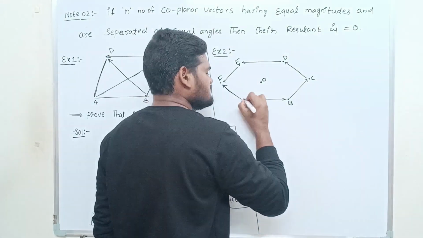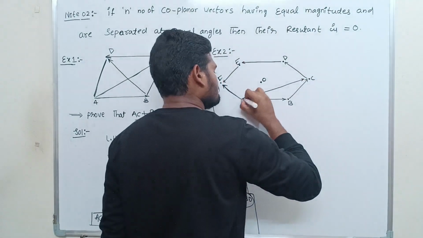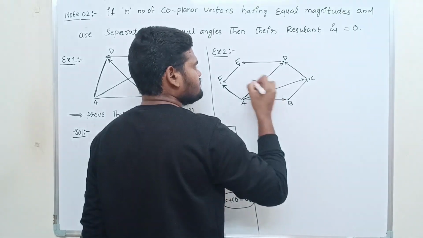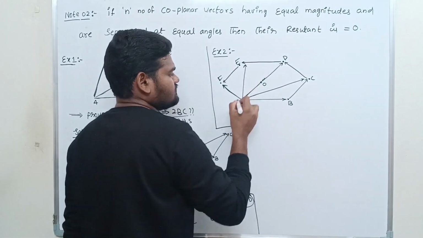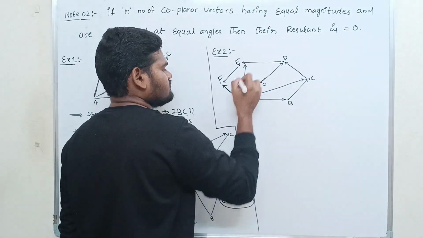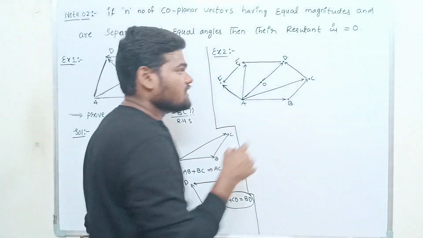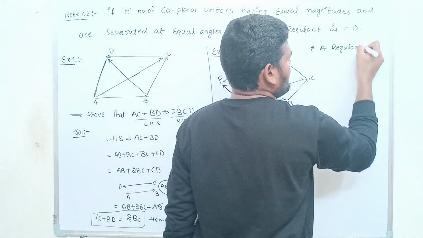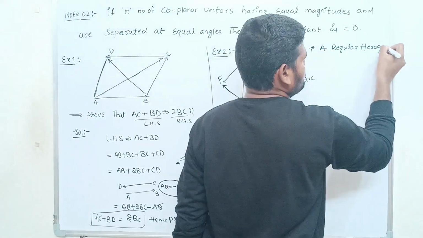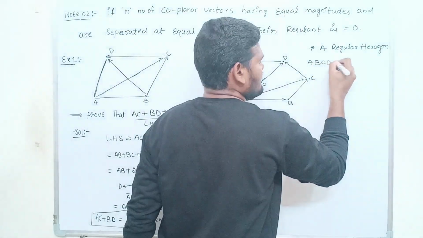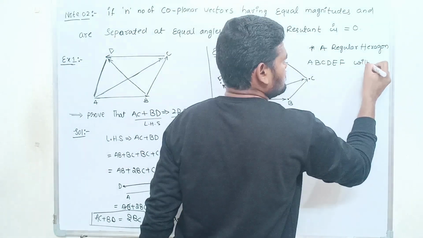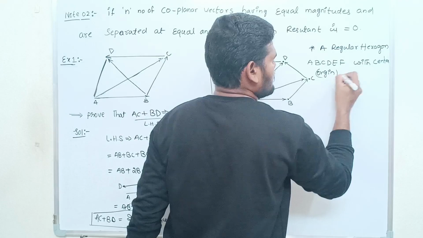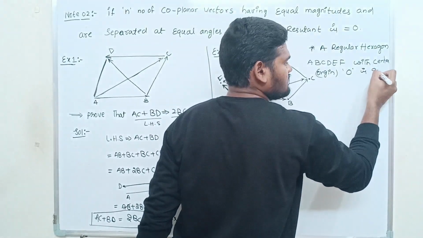So this is AC, and this is the AD vector. This is the center O or origin O. This is AE, and this is AF. So the question is: a regular hexagon ABCDEF with center O is given.